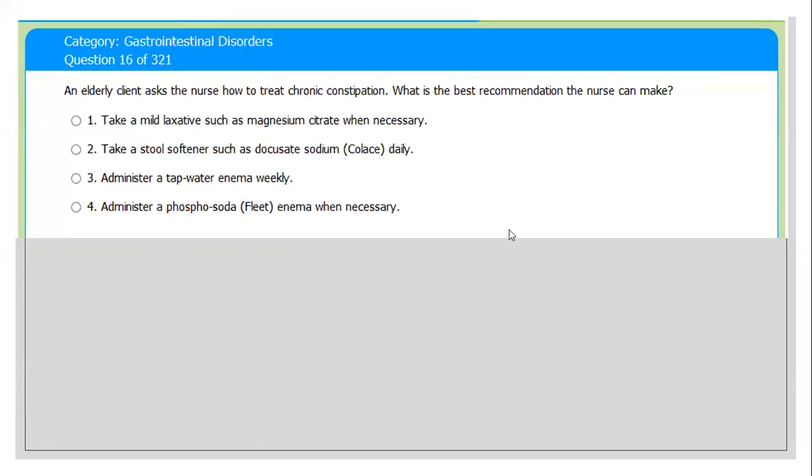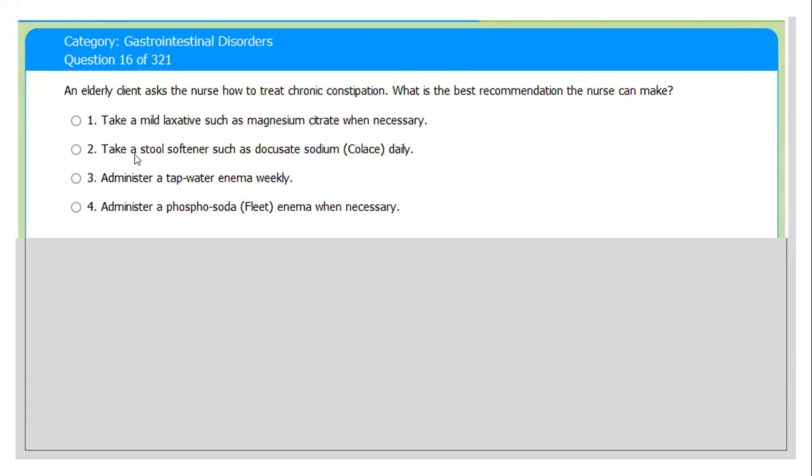Next question. A client asks the nurse how to treat chronic constipation and what the best recommendation is. Number one, take a mild laxative such as magnesium citrate when necessary. But laxatives for a long time are not a good choice.